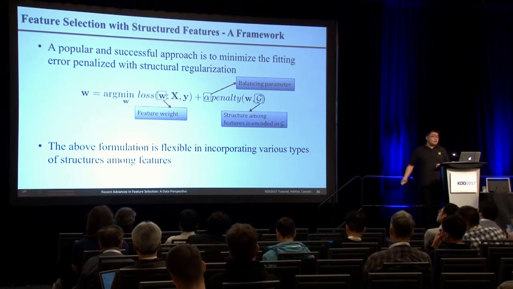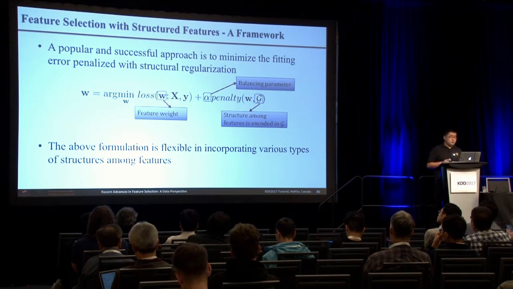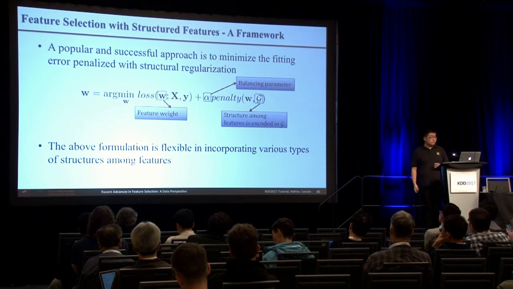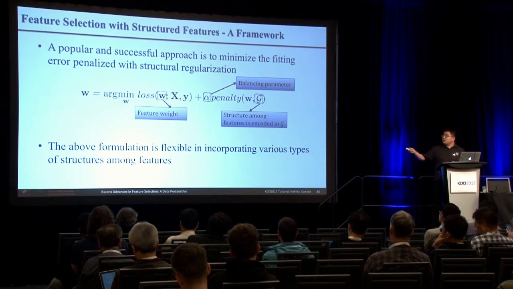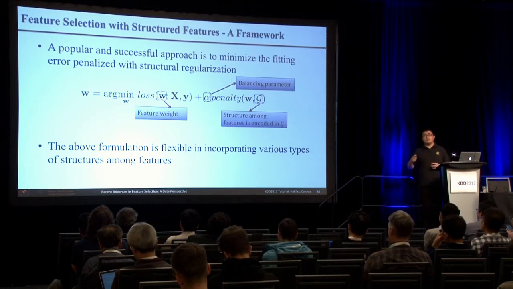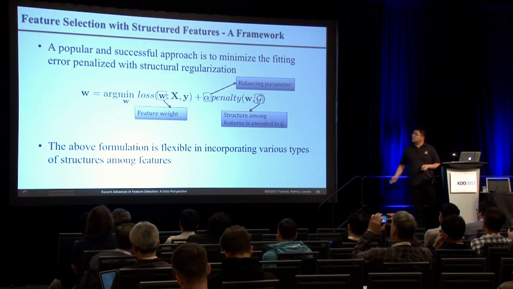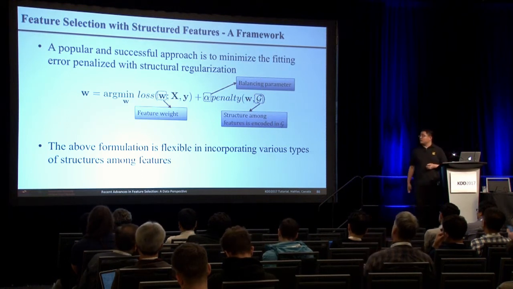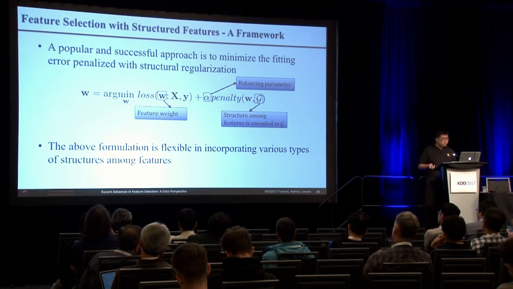And alpha is a balancing parameter to control the trade-off between the loss function and the penalty term. This formulation is very flexible in incorporating different kinds of feature structures. We only need to design different penalty terms to incorporate different kinds of feature structures.